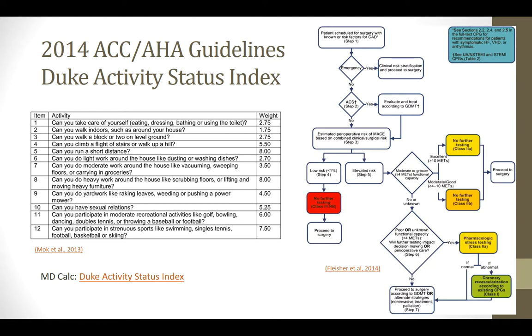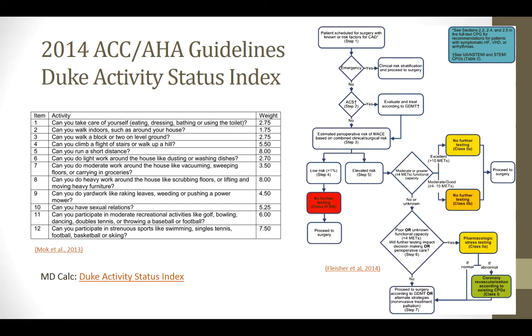There's a scale of functional capacity called the Duke Activity Status Index, which provides us with a measure of the number of metabolic equivalents, or METs, that a patient can reach. So we know that if a patient can get at least 4 METs, then they are a decent surgical candidate. There's no direct contraindication to surgery.